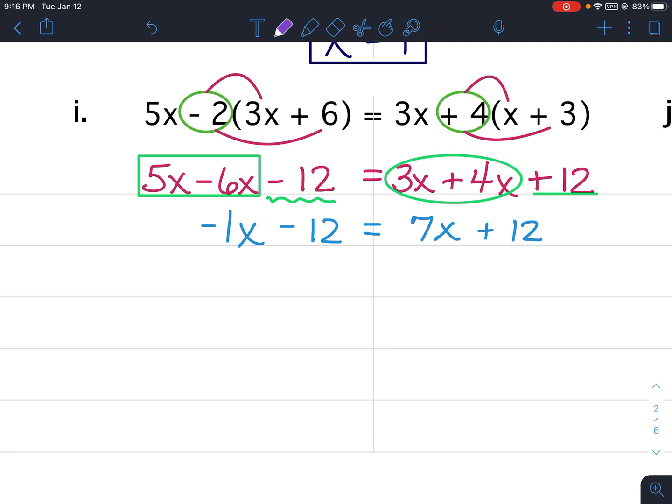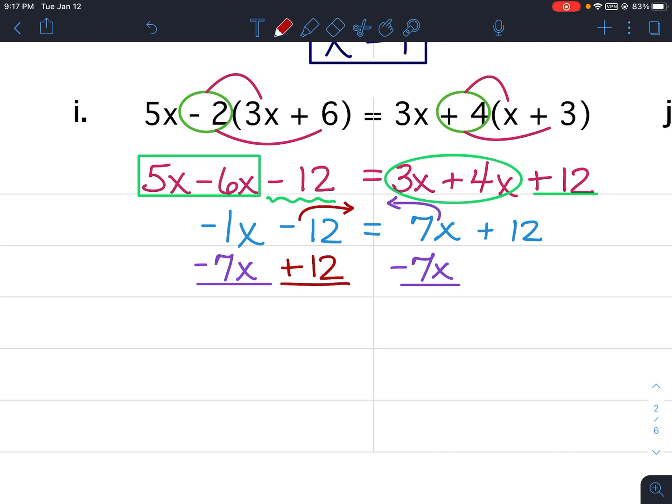Step 3, variable terms to one side, constant terms to the other side. So I'm going to take this 7x to the left side. It's a positive 7, so I'm going to subtract 7x from both sides. And then I'm going to take the 12, the constant negative 12, to the right side of the equation.